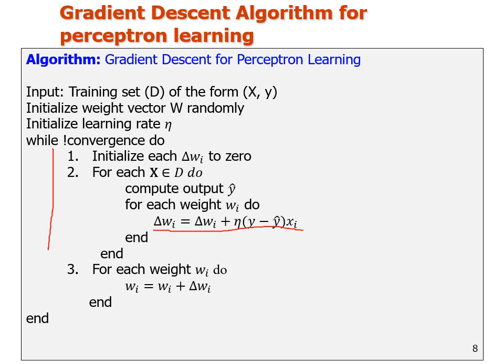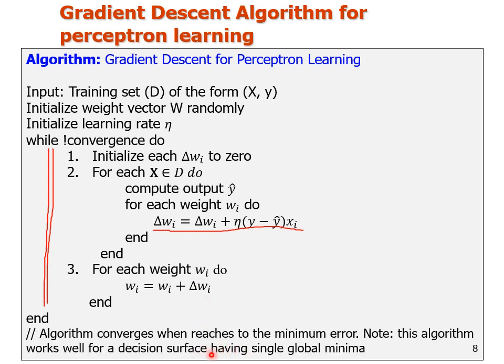That means we are iterating through the entire training data set again and again to come up with the final weight vector that optimizes our cost function. So this is how we formulated our gradient descent algorithm for perceptron learning.